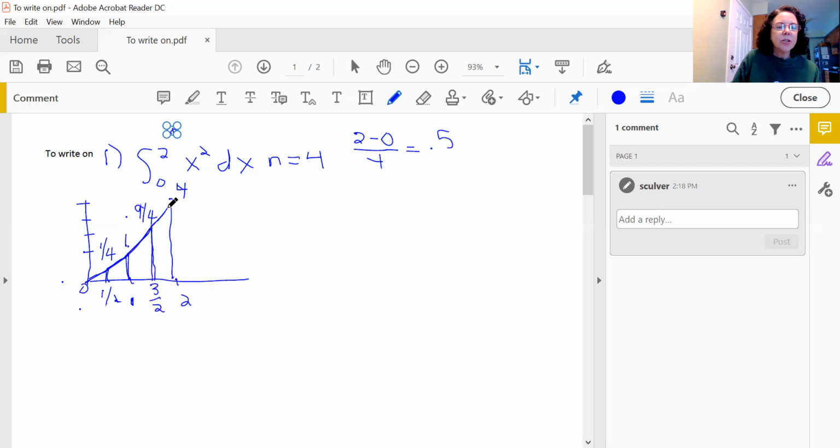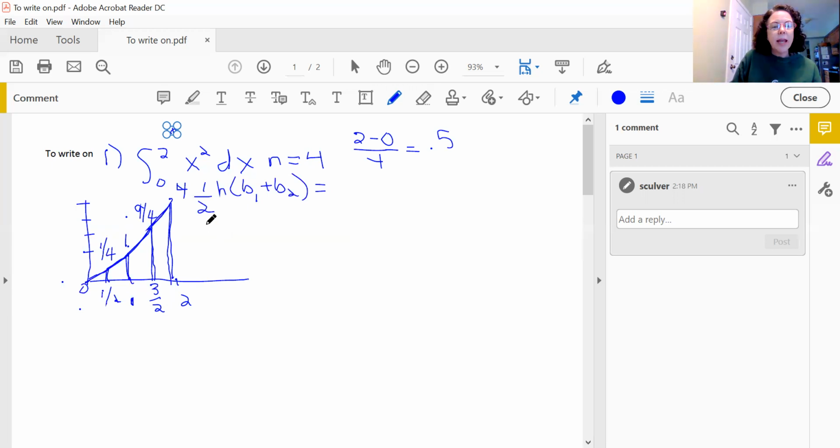So if you wanted to, you could do each trapezoid separately, right? The formula for the area of a trapezoid is 1/2 the height times the 2 bases added together. That's the formula that we'll be using.